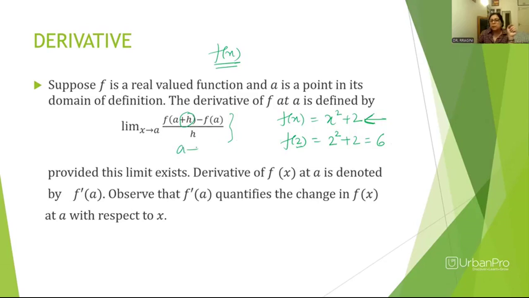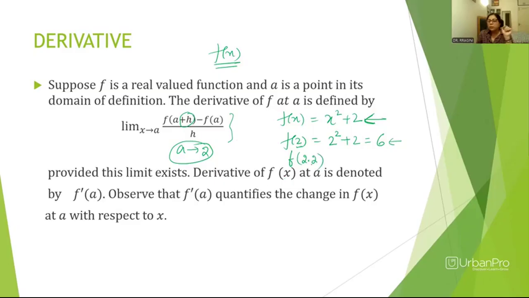Consider this as a. A here is 2. If we are calculating the particular value of the function at a point, f(2), it comes out to be 6. What happens if I change the value of the variable, like x is equal to 2, to find f(2.2)?